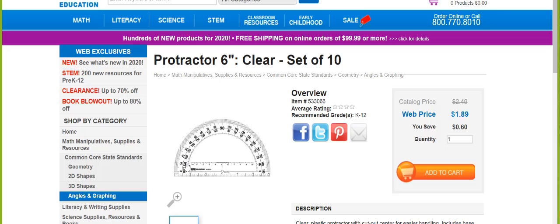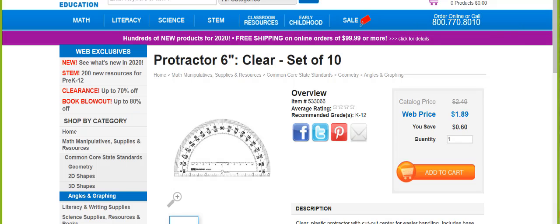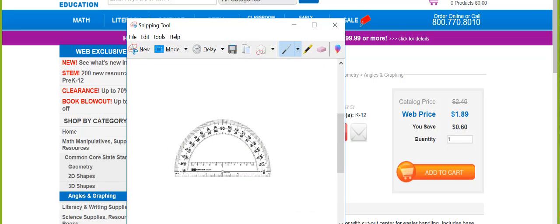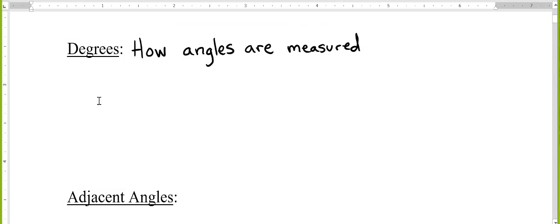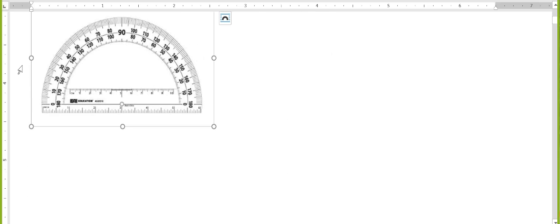If you go look at a protractor, it's right here. These have degree measures on them. Can you see it? You put one side of your angle here, and then the other side extends. Let me go do it real quick. I'm going to go grab that and stick it on here.